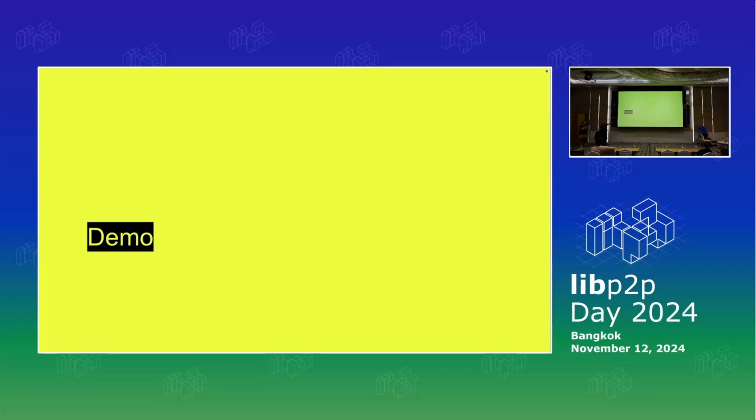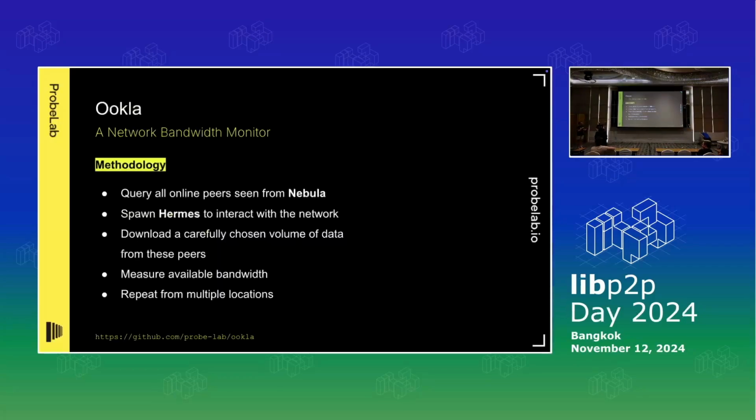Yeah, so Mikkel will look into, hang on, I have one slide more. Yeah, so this is Ookla. As I mentioned, we are now at a stage where we have built a few tools that we can build other tools on top of, which makes it much easier to do things. For example, Ookla uses data from Nebula, uses Hermes as an implementation, which can interact with the Ethereum network.